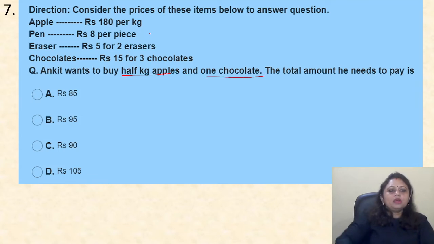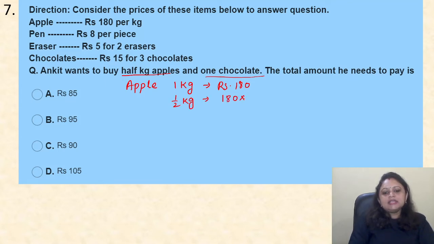So we know for apple, 1 kg the cost is rupees 180. So Ankit wants to buy half kg. Okay, so for half kg it will be 180 into half, that is equal to rupees 90. Okay, now for one chocolate, where is chocolate?